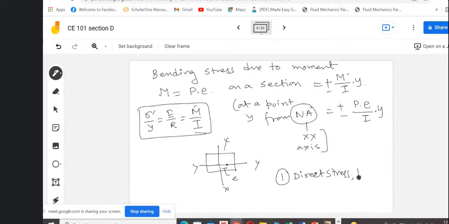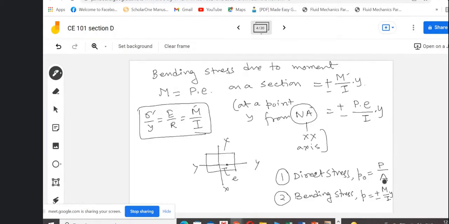So from direct stress, we see that this is P naught, if denoted, which is nothing but P by A, whereas the second component of the stress is bending stress, and let's denote it as plus minus M by I into Y, or we can substitute this M as P into E by I into Y. Okay.